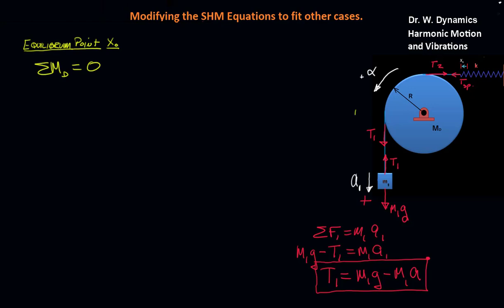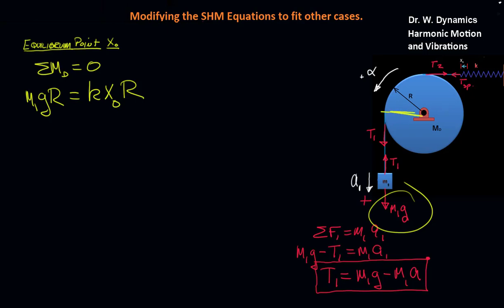Whatever torque we have acting in this direction, T1, would have to equal T2 so the drum doesn't move. That would give us m1g times R has to equal k x0 times R, force times distance. We have m1g acting a distance R out here, and the force in the spring pulling back a distance R up here, and those two have to be in equilibrium because the drum's not moving yet.